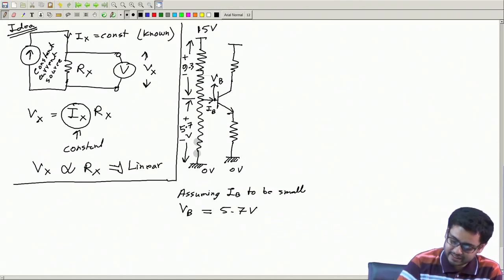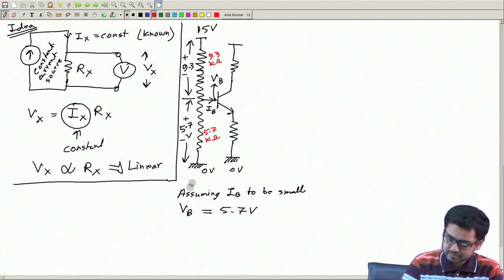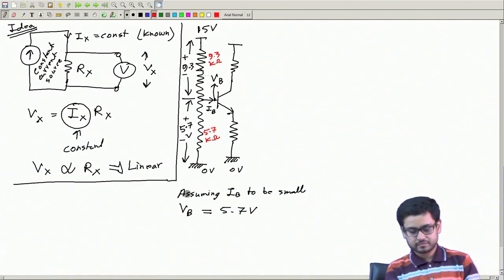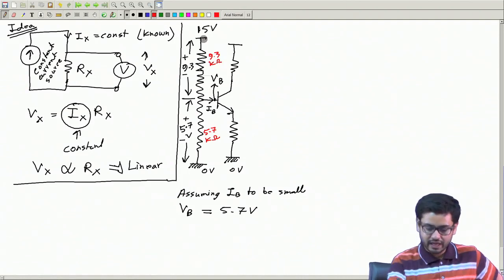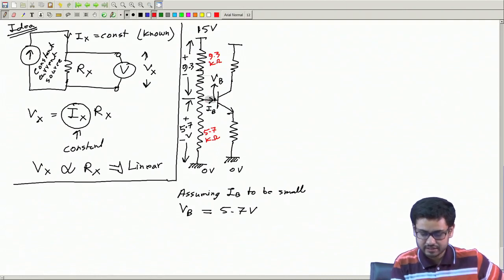I can generate this potential divider maybe by taking this resistance as 5.7 kilo ohm, here maybe 9.3 kilo ohm. Okay. Then the current flowing through this is about 1 milliampere, and I am assuming this current should be much less than 1 milliampere.